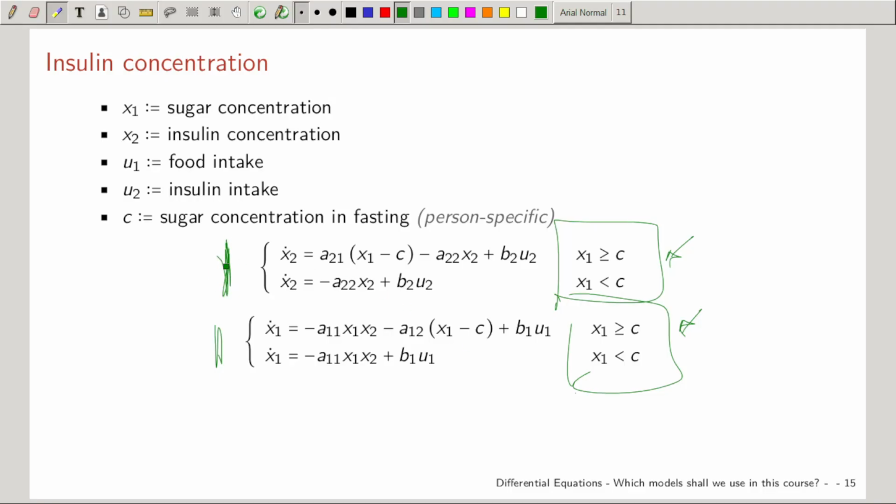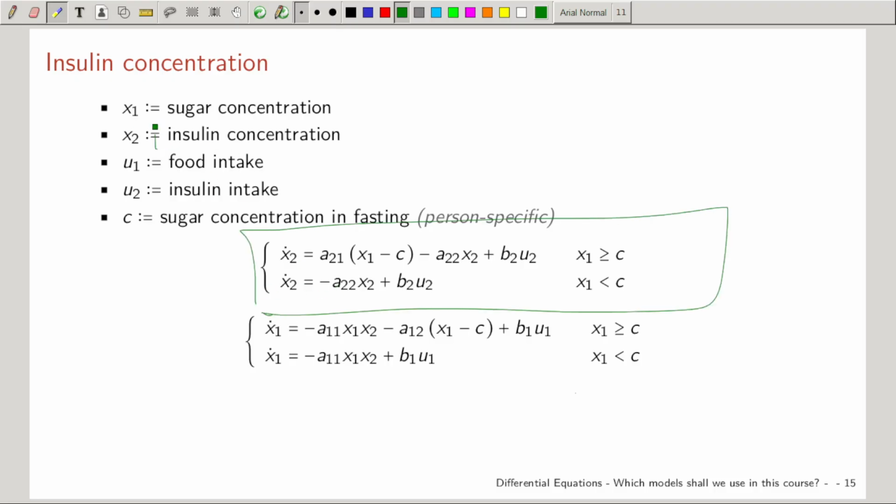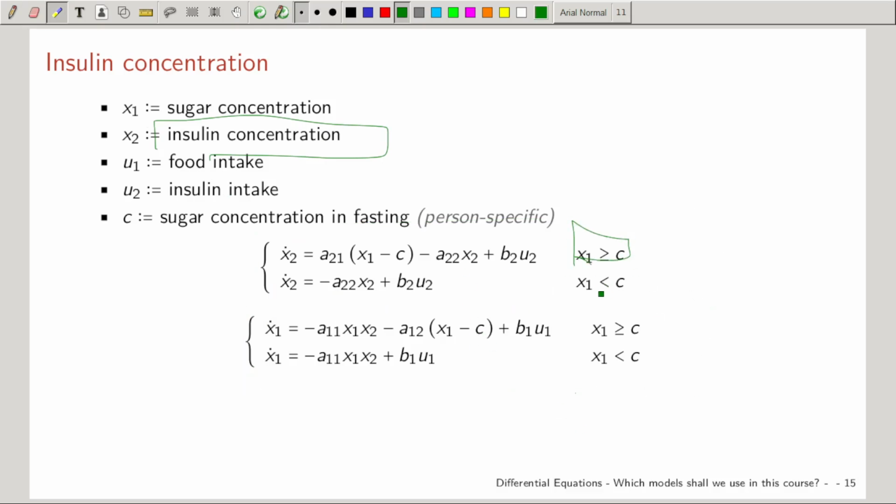This is the dynamics of the insulin, and this is the dynamics of sugar. If you're hungry or not, you have either this couple or this couple. You see? Slightly different. Your body reacts in a different way depending on the state it is.